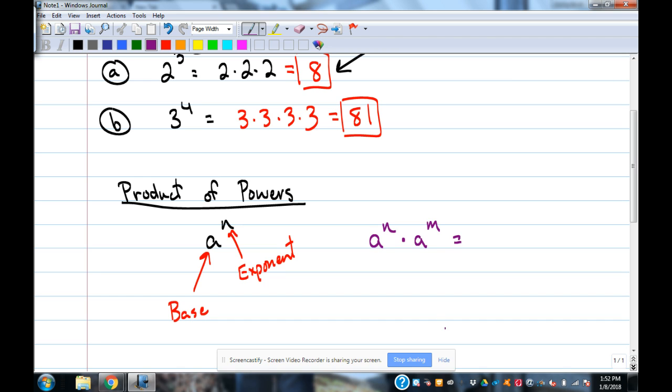The bases are the same here, a and a. Does anybody remember the rule for the exponents there? Absolutely, you add them. Okay, so if it's multiplying and the bases are the same, you add the exponents. That's the rule that you want to key in on there. The bases are the same, add the exponents. Bases have to be the same to do that, though.